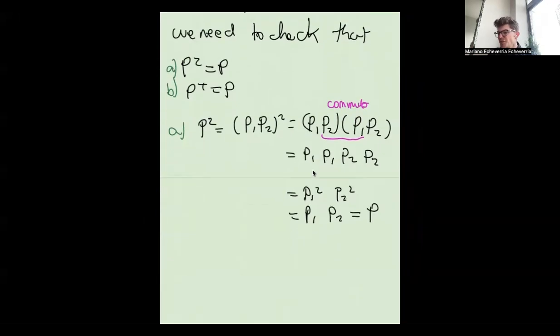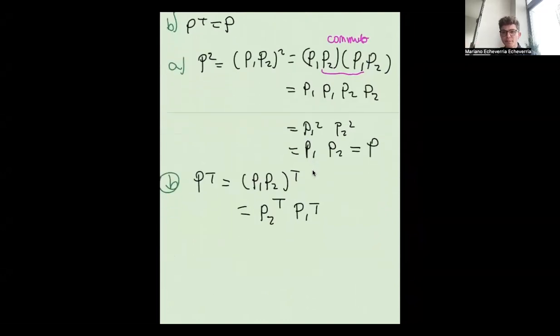And the second property, the symmetry property, is usually easier to check for projection matrices. What is P transpose? That's P1 P2 transpose, which is P2 transpose times P1 transpose. But each projection is symmetric, so that's P2 P1. And because they commute, that's the same as P1 P2. Here I'm using that they commute, and here I'm using that each projection is symmetric.